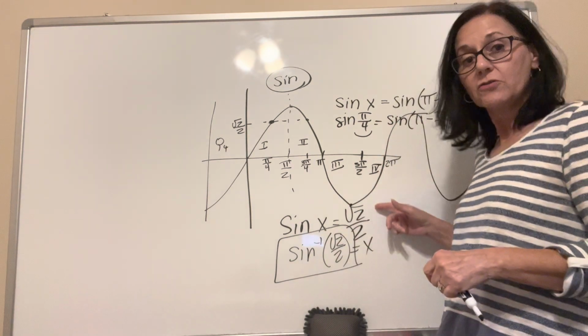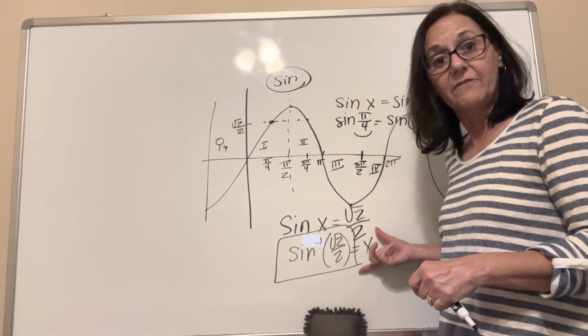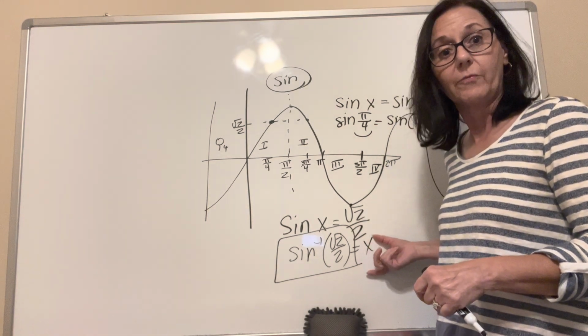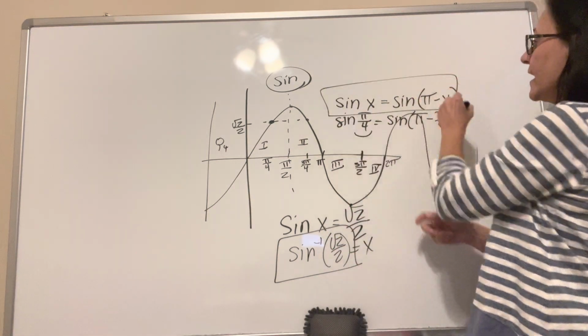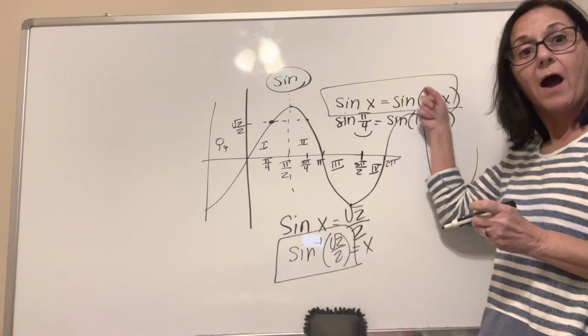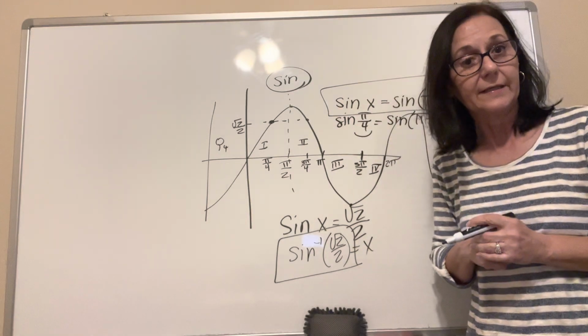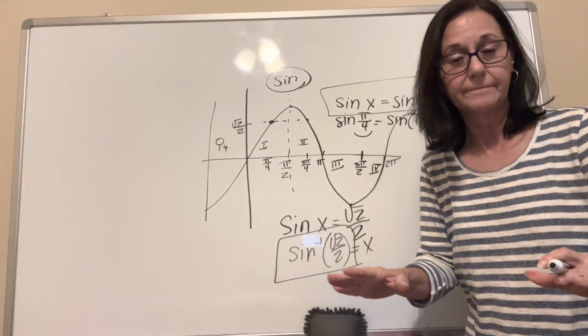When it's not one of those ratios, and we have to use the inverse function to solve for the radians, we have to remind ourselves that the sine of any radians is equal to the sine of pi minus the radians. We're going to walk through some examples, all right?